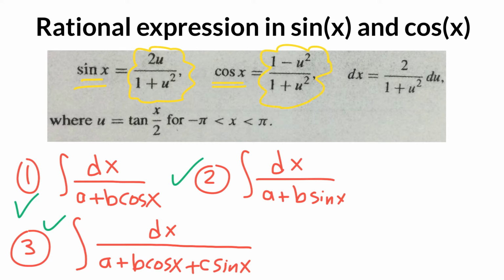Also dx must be substituted by 2 over 1 plus u squared du, where u equals the tangent of x over 2, for x between negative pi and pi. Now I'm going to explain a problem like form number three.